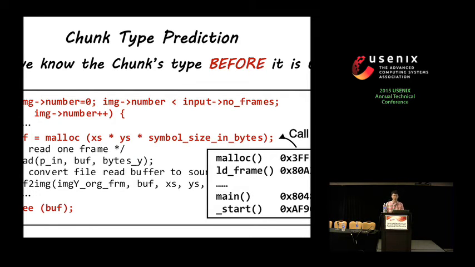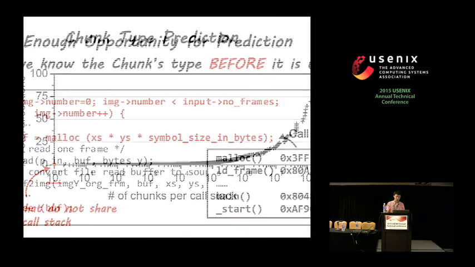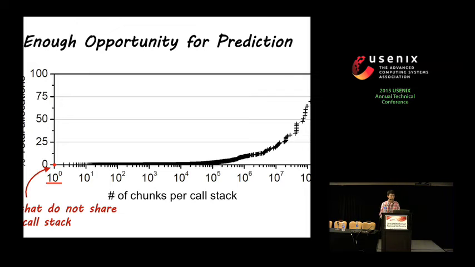First, we want to know how many of the allocations share a call stack. And the second thing is whether the allocations that share a call stack have similar access locality. This figure shows how the allocations cluster into call stacks.